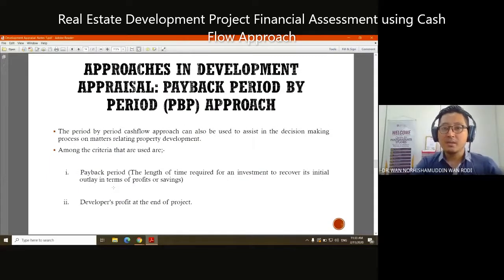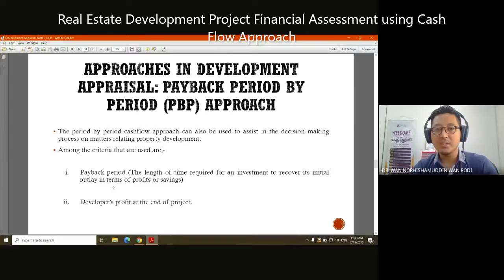Okay, the second approach that we will use within this development appraisal is the payback period by period approach. As compared with the DCF approach, payback period by period can be defined as an approach that uses the accumulated interest.